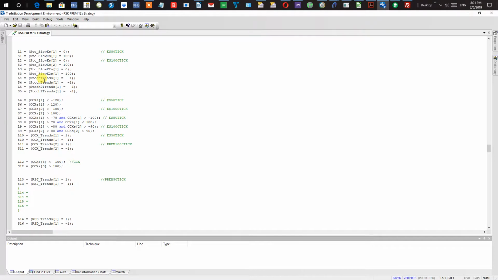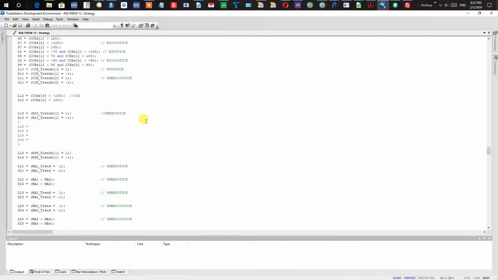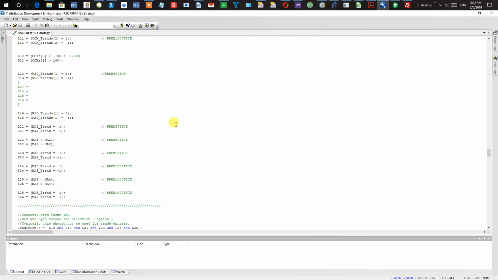The same is true with the CCX indicator. We can establish a specific level at which true conditions exist, or we can look at the trend. The same is true with the RSX, the RSJ, the RSD, and our moving averages.